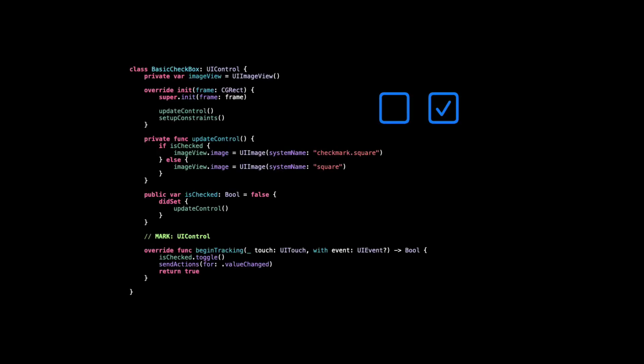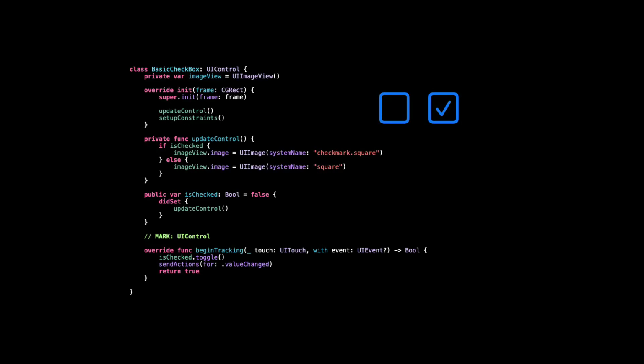Sorry for the amount of code here. I've trimmed off some of the unimportant UI bits. I'll take you through this now. This control is composed of an image view. If it contained any other views that had default accessibility, like a label, then those elements would be focusable, but this control should be a single element. Starting from the bottom, when a touch event begins tracking, we toggle the isChecked state of our control.